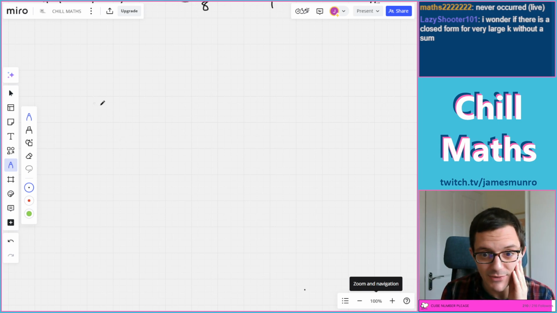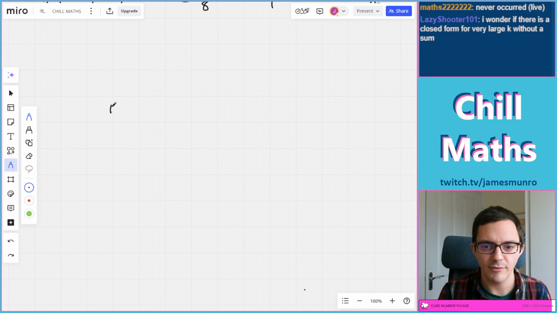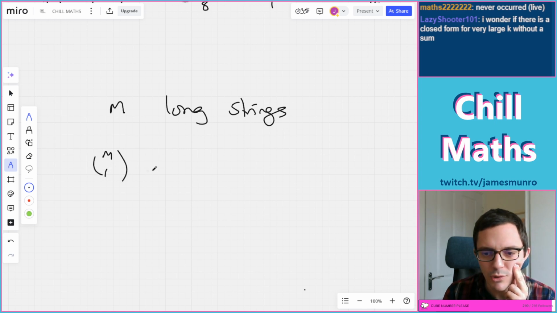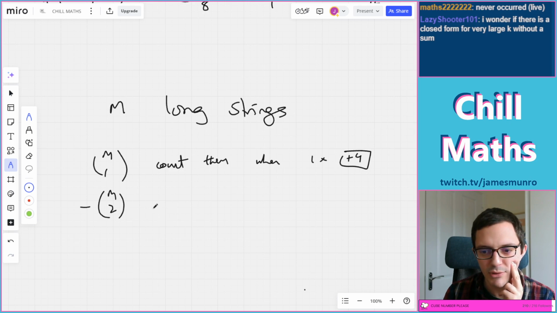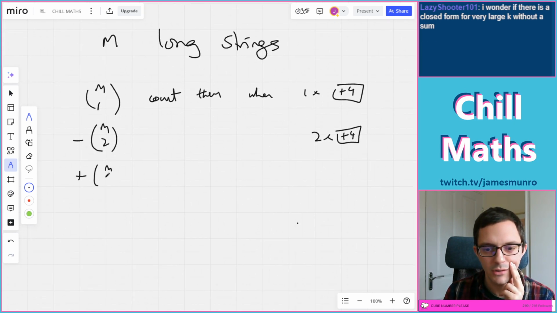So to convince myself, if you've got M long strings, then you choose 1 count them when you have 1 plus 4 card. In that bit of argument, you double counted them this many and subtracted this many when you thought about using 2 plus 4 cards, and so on.